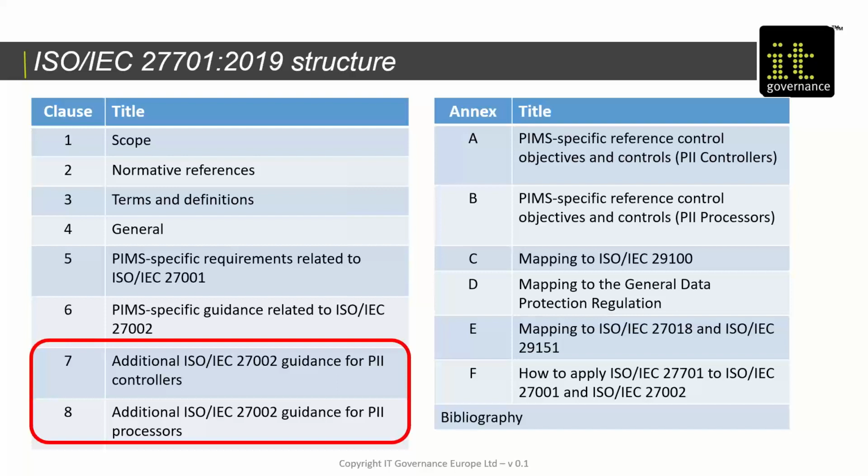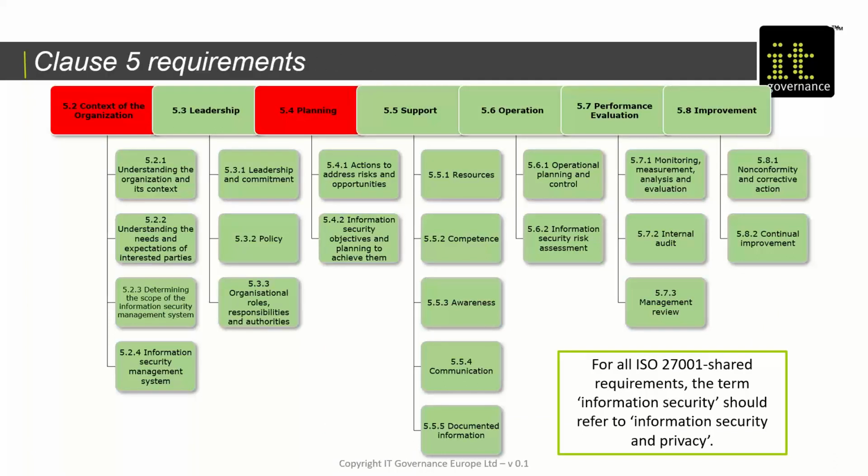You can see on the right-hand side of the slide that Annex A refers to PIMS-specific controls for PI controllers and Annex B to the PIMS-specific controls for PI processors. So let us look at clauses 5 and 6 in a little bit more detail now.